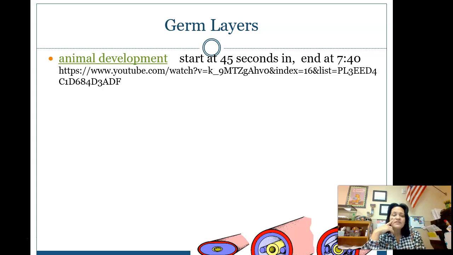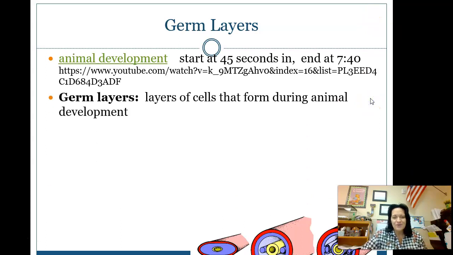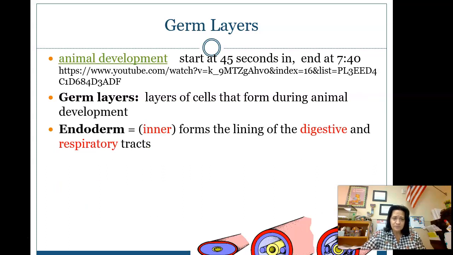So, germ layers are really important because the systems of your body and the organs depend on the germ layer. You'll see here, layers of cells that form during animal development. An endoderm is the inner lining, and that forms the digestive and respiratory tracts.